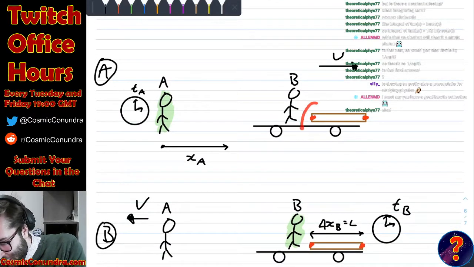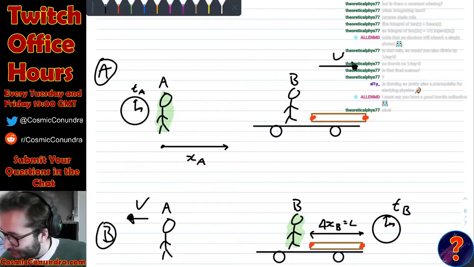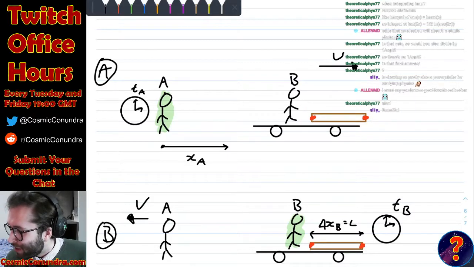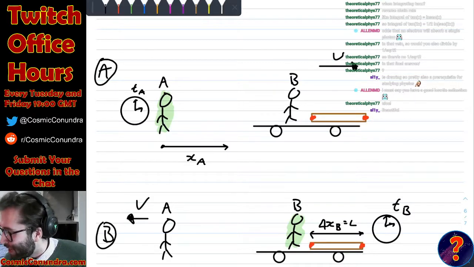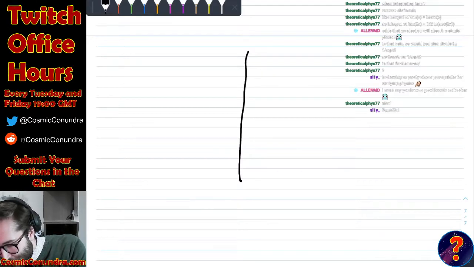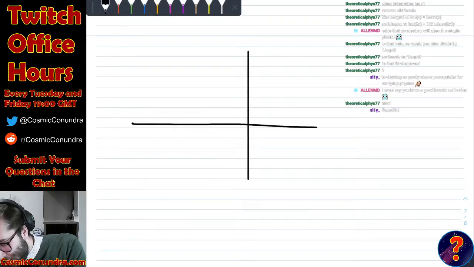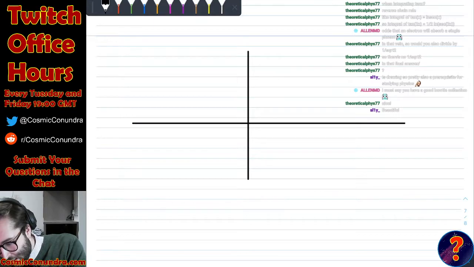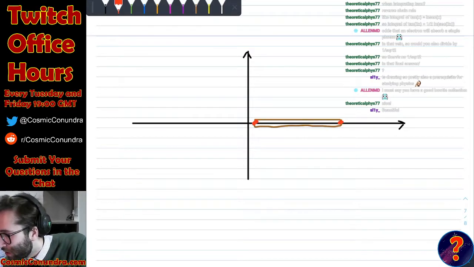So yeah, because the two ends of this rod can no longer be measured simultaneously, this will affect the measurement of the length that person A sees. So let's draw this on a space-time diagram. So person B, the person that is moving with the rod, they're the easiest to consider first. Because for them, the rod, at the instant we measure it, has a single fixed time coordinate.